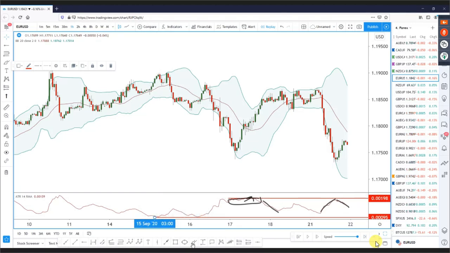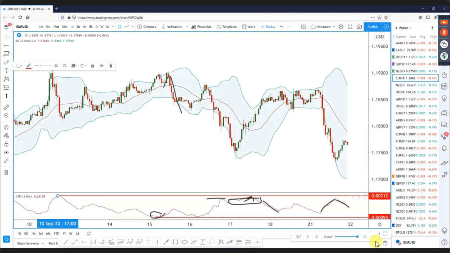So the moment price comes close to this support area, it increases volatility. So it doesn't say the direction, it's just the volatility balance. So if I extend this back, increase in volatility and slowly decreasing.